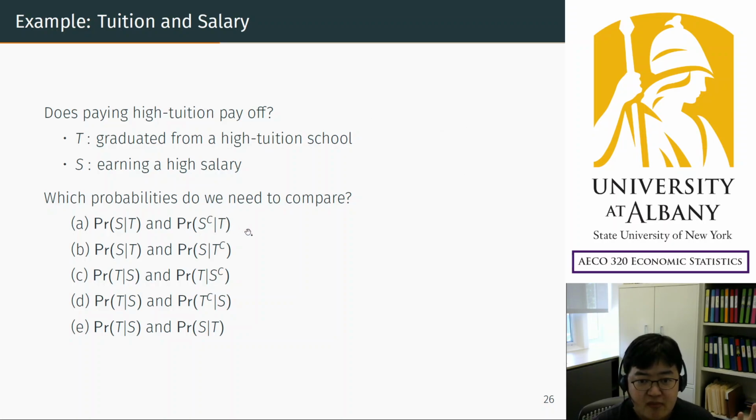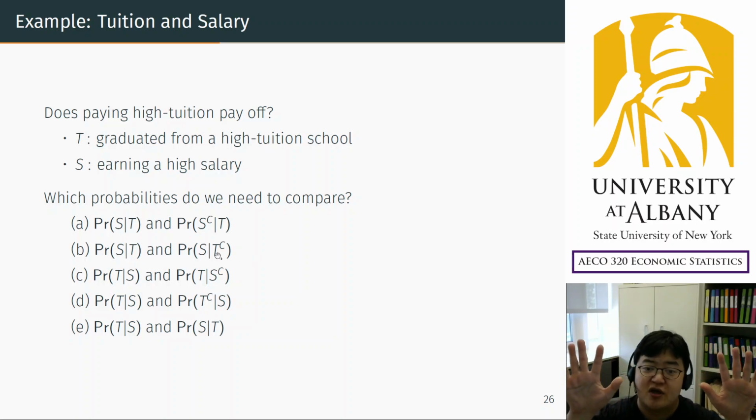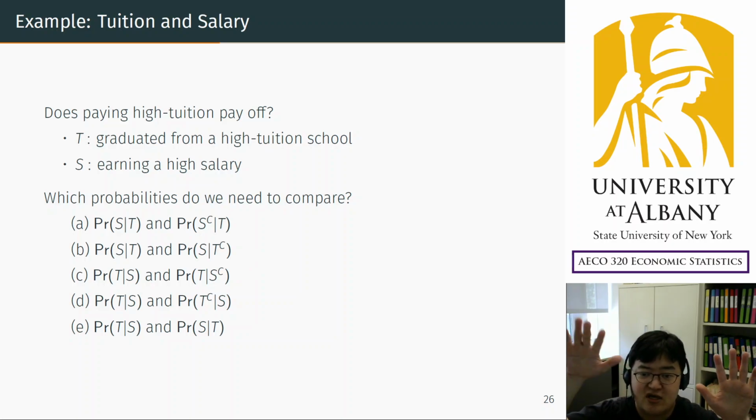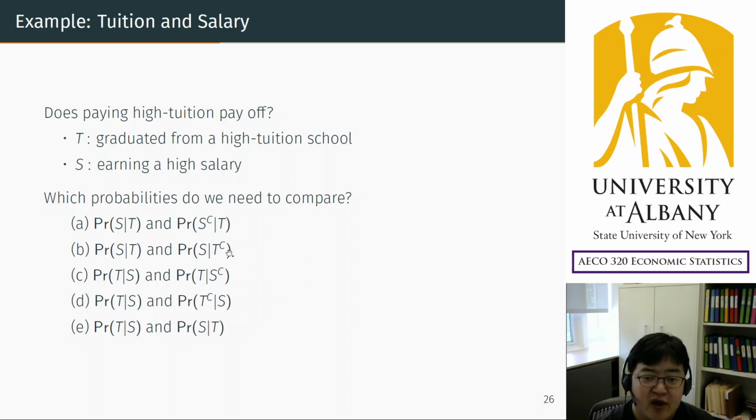So in here, this is the answer. The condition in the first group is high tuition, T, and the other group is low tuition, T complement. So T complement is the low tuition group. And across those two groups, we calculate and compare the probability of high salary, right?